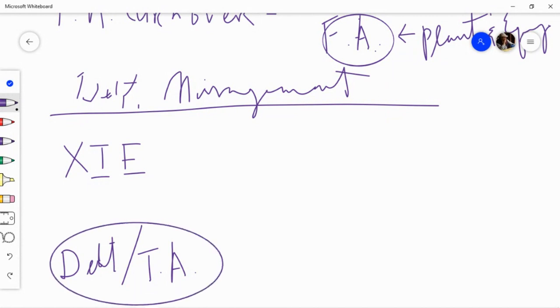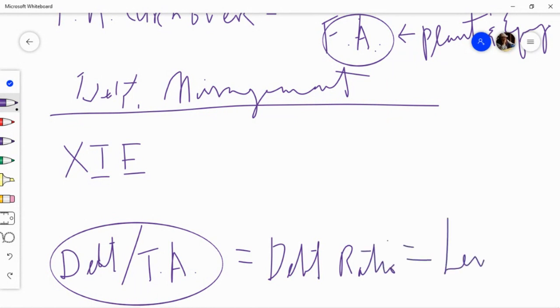And this is easy. I mean, this is obvious. Total debt to total assets ratio is simply called the debt ratio, or leverage ratio. And leverage is the use of debt. Use of debt is called leverage.